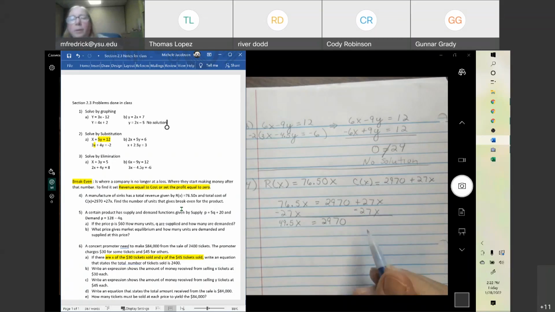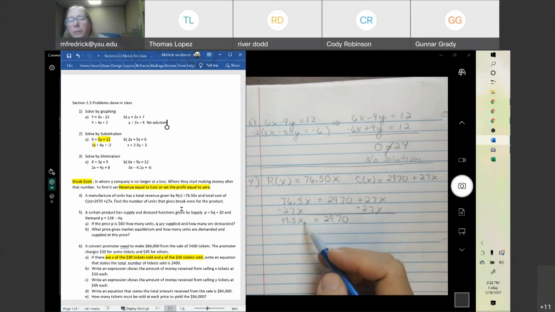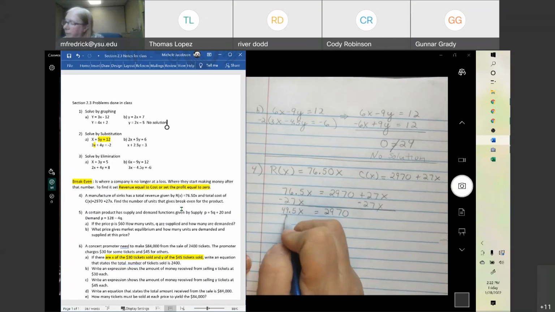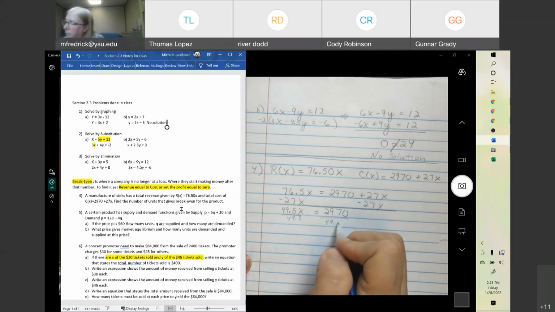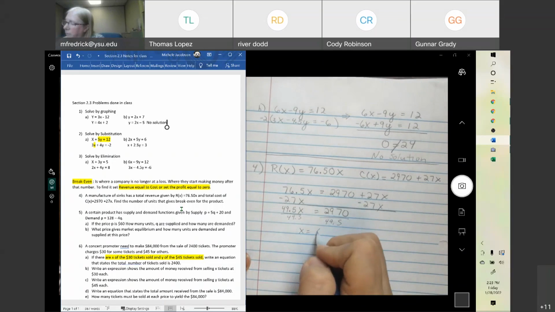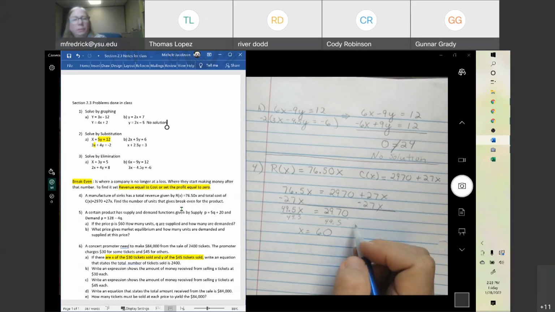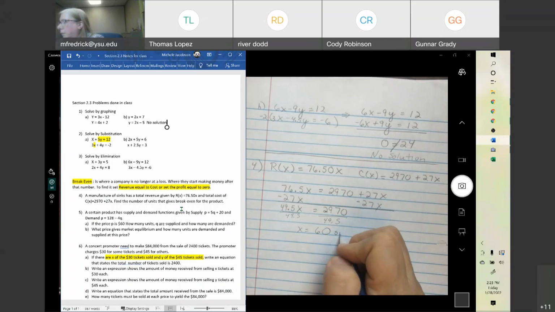Any questions on that part? Then we divide by the 49.5. So x equals 60 sinks.